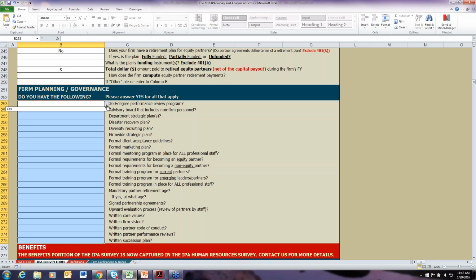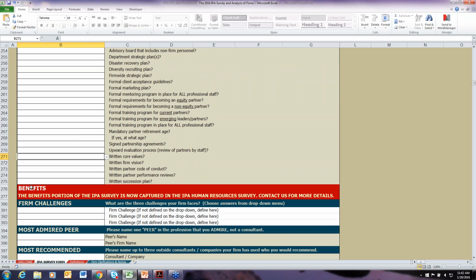If you're unsure if you have them, then go ahead and just leave it blank. Notice also that some tools are specifically indicated as formal or written. Be sure to answer accordingly. So if the firm has core values, but it's only in the managing partner's head and no one else knows it, leave it blank.